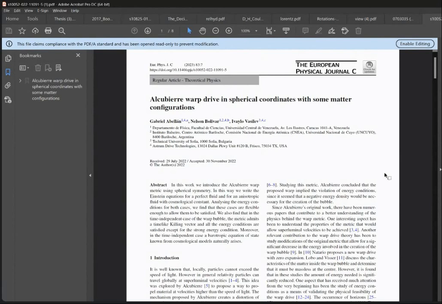To do that, we probably have to modify the metric a bit, and that's very exciting, because as you saw here, we are just using the most simplified version that we can use. It's just a simple fluid with anisotropy and a spherically symmetric warp drive. And the interpretation is quite clear.